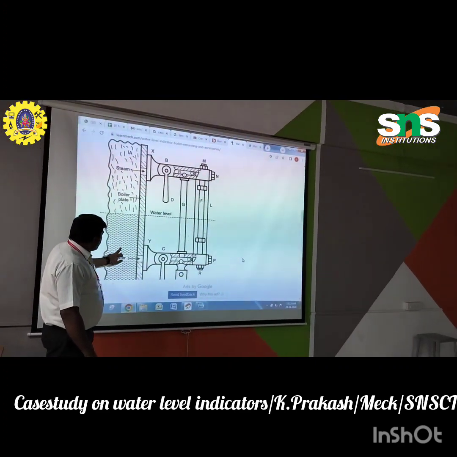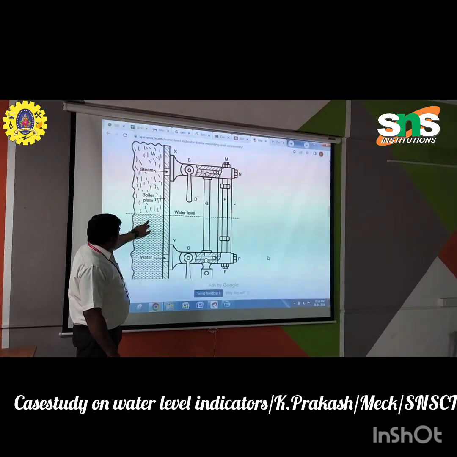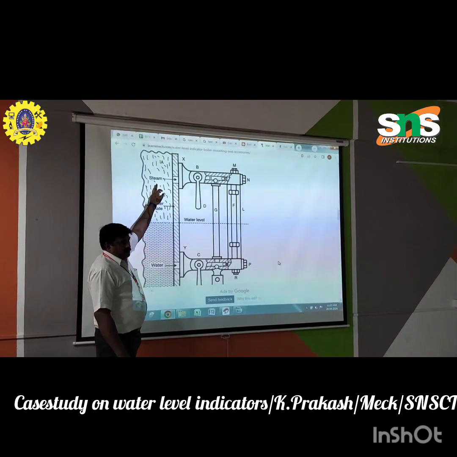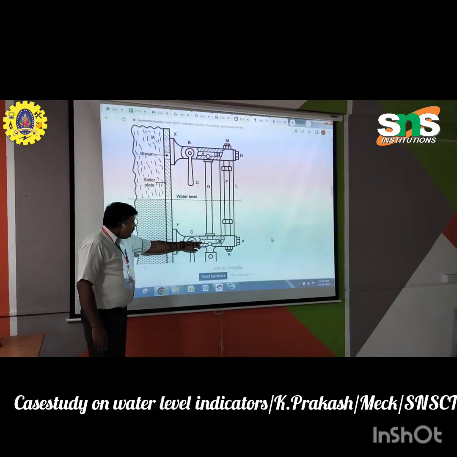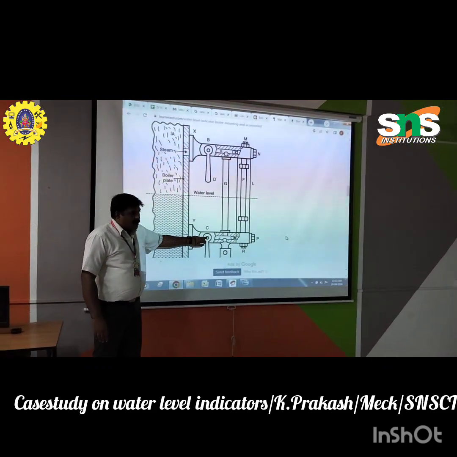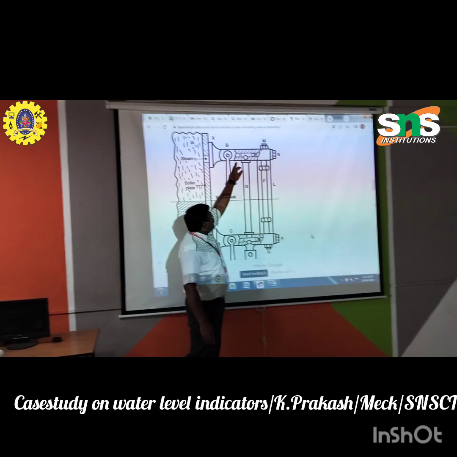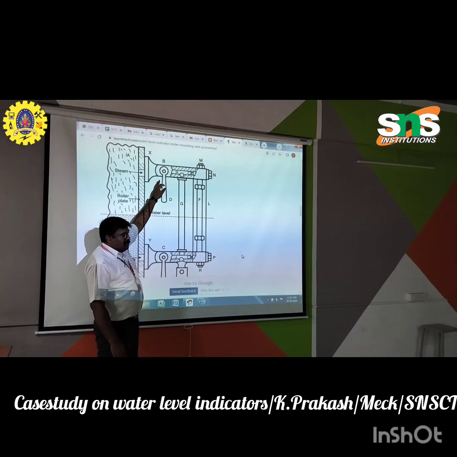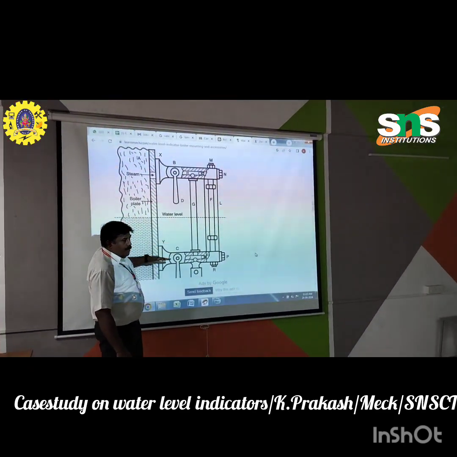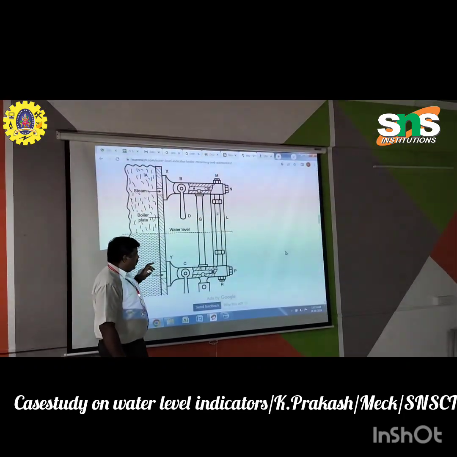When the water is inside the boiler, it is getting heated, so the water is converted into steam. There is a water connection where water is coming inside. Here water is there, and here there is a valve where steam is flowing. There are two openings, one for steam and another for water.